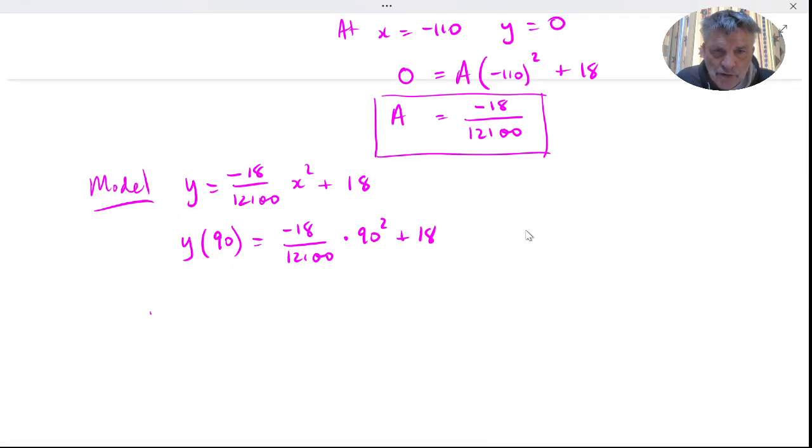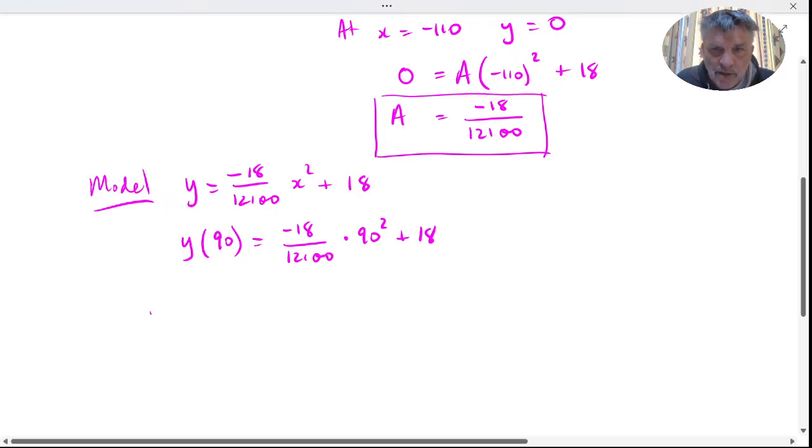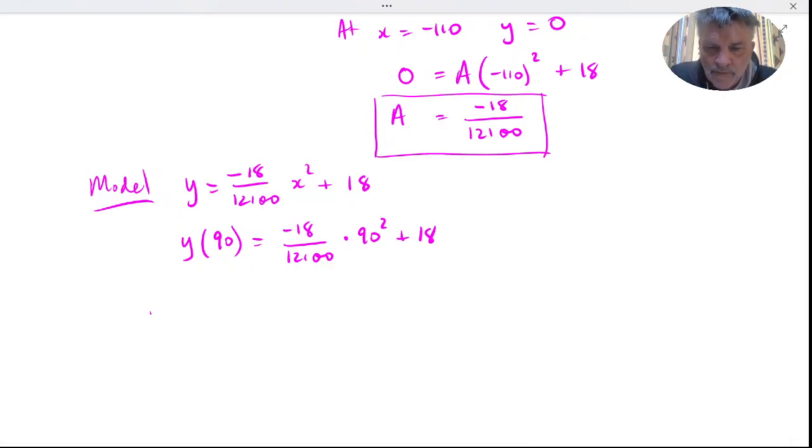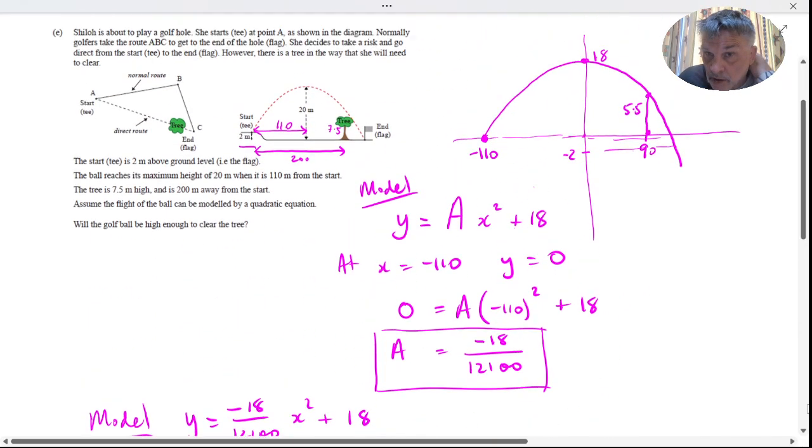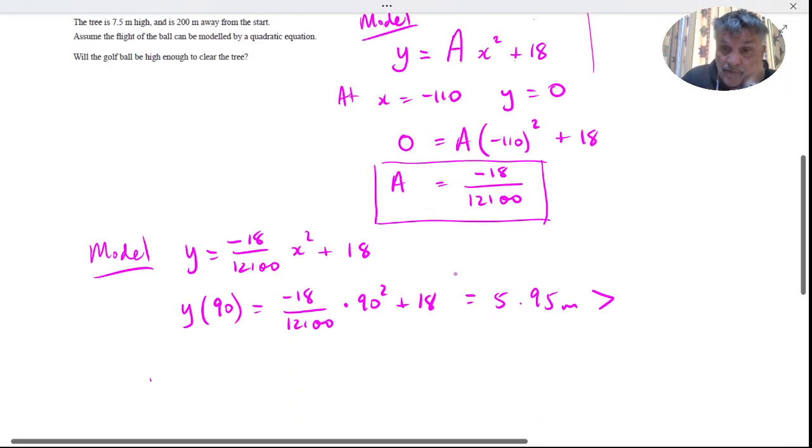Negative 18 over 12100 times 90 squared, plus 18. I get 5.95 meters. And what I'm interested in is that that's greater than 5.5.